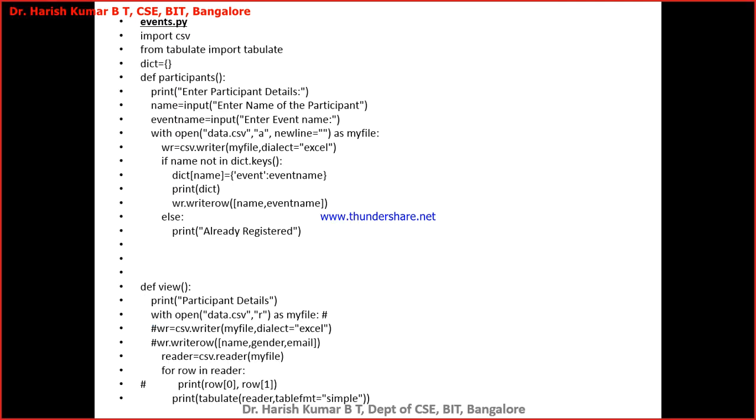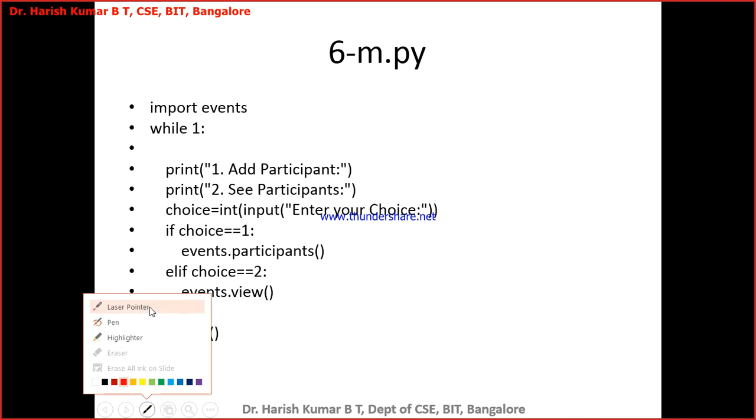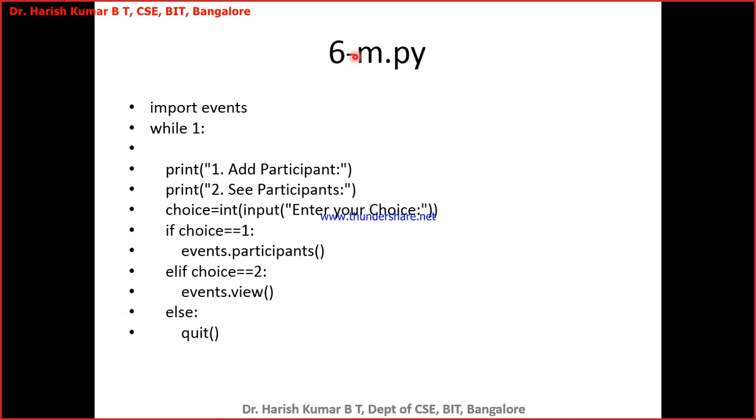Now, observe. See, I'm writing import events. So what is this events? Events is again my own program. If you look at the name of the program, I've given it as 6m.py. That is 6, and M says this is the main program.